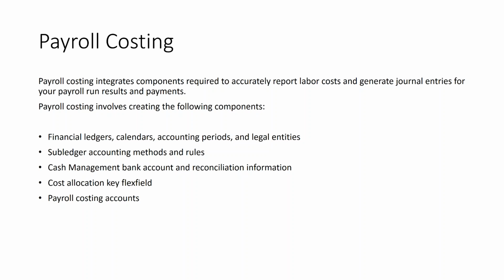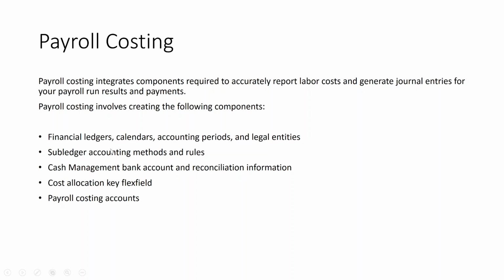We will talk about that, but before everything, we need to understand what all are the components of payroll costing. Payroll costing is mainly used to create journal entries for payroll run results and payments, so that each and every payment that you make to your employee can be costed in the finance.